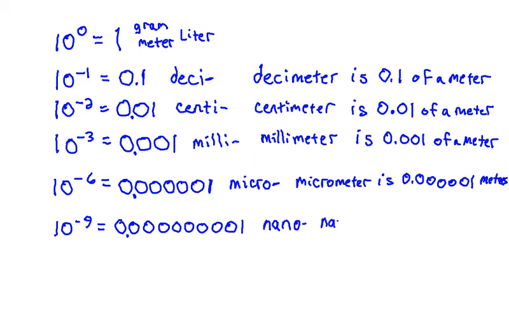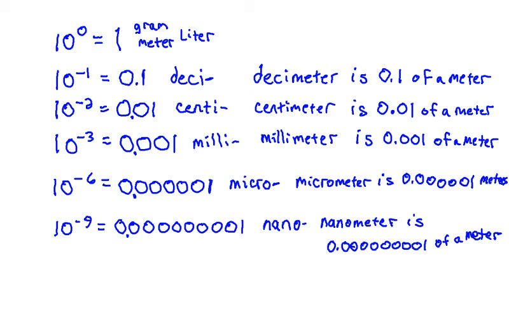So a nanometer is 0.000000001 of a meter. Okay?